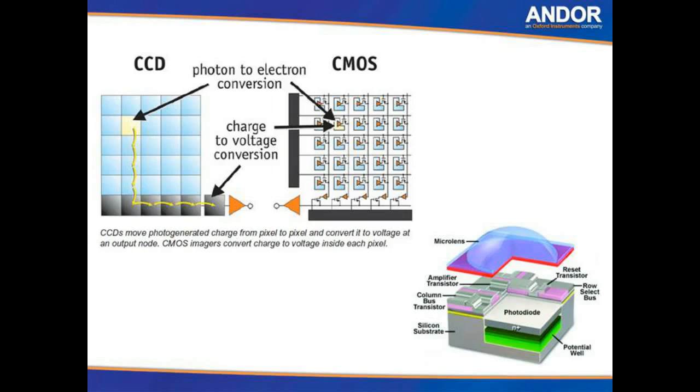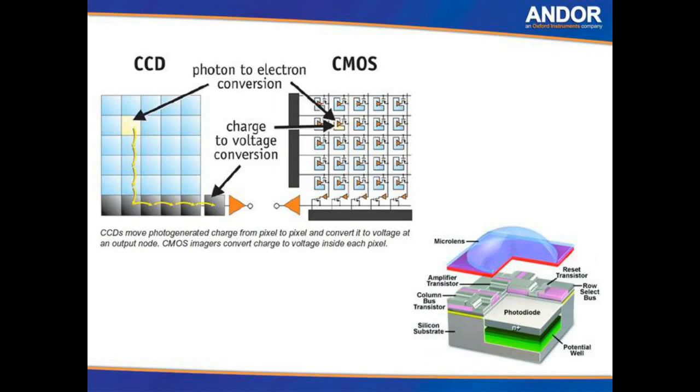This, on the bottom right, is an example of your pixel. You can see that you have all of your transistors around the top of the pixel in your sCMOS sensor. So it's a front illuminated sensor, whereas EM-CCD cameras would generally have back illuminated sensors. It means that all of the electronics are covering over the top of the pixel.